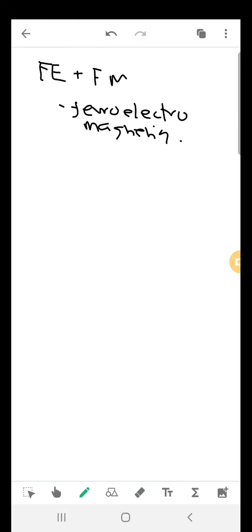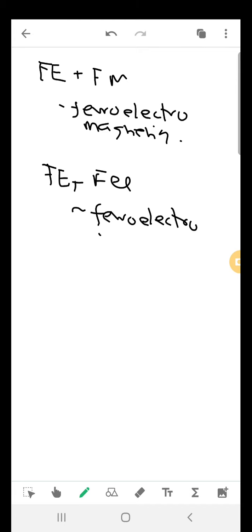Secondly, the simultaneous ferroelectric and ferroelastic can be called ferroelectroelastics.